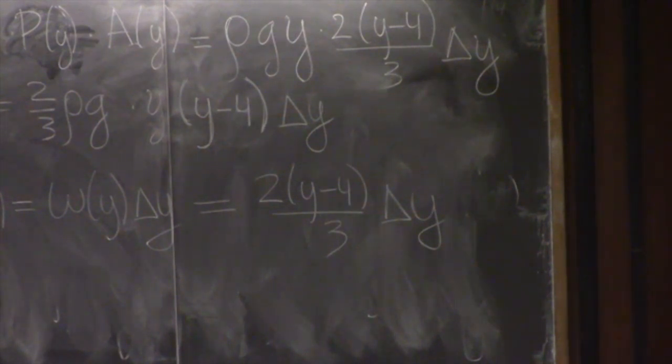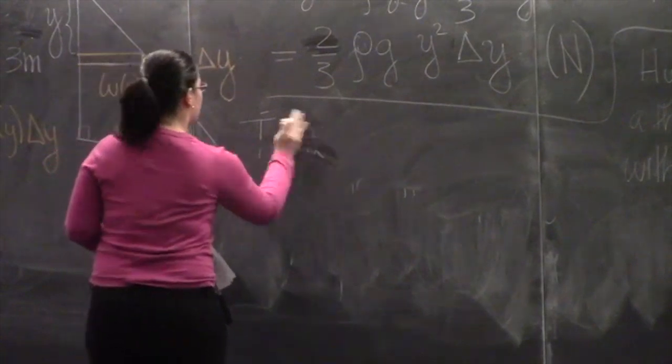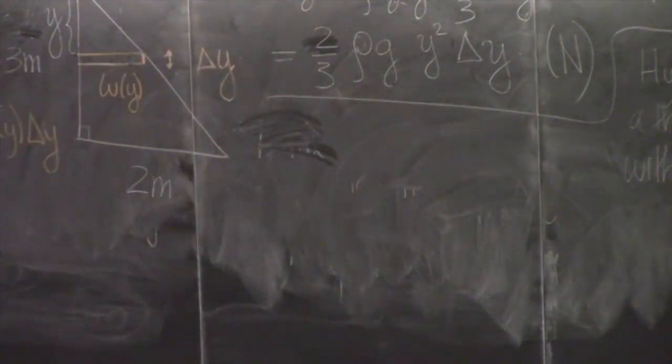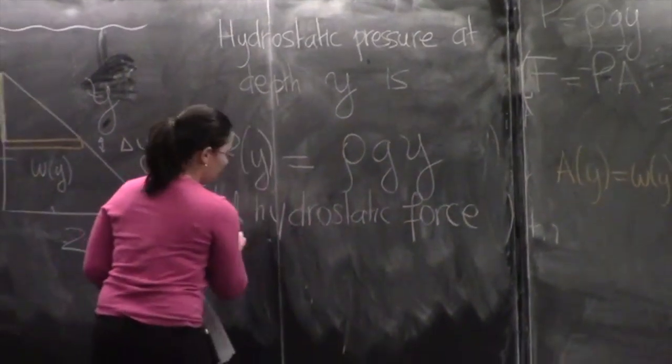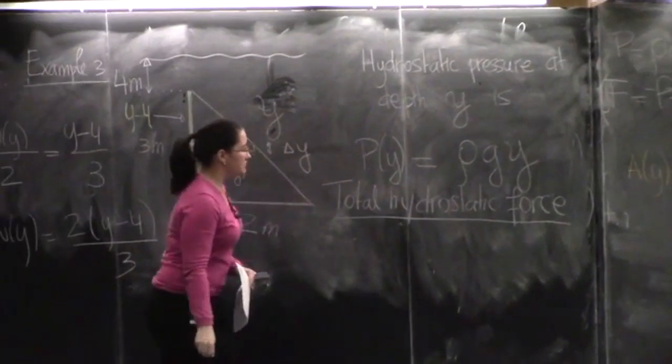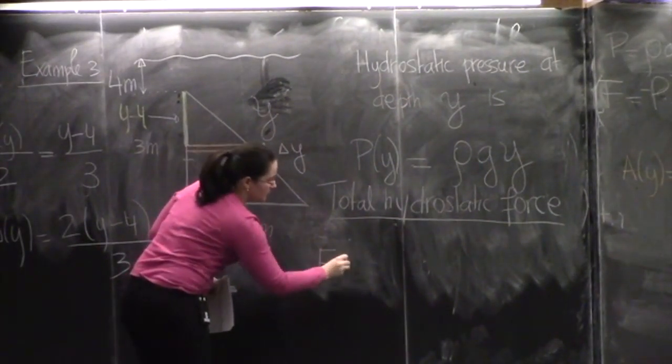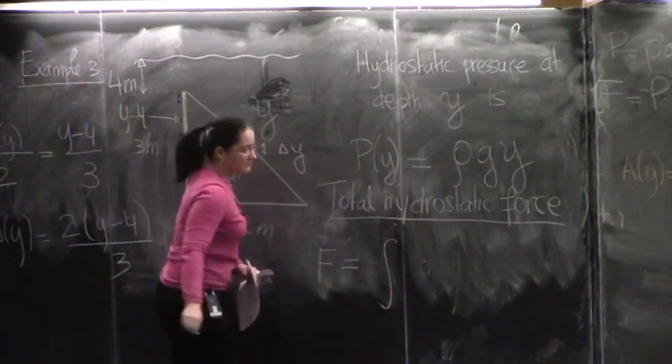Okay, so this is the hydrostatic force acting on the strip, and now to compute the total hydrostatic force, we need to perform the usual trick and take an integral. Let me write it over here so you know what example it corresponds to. So the total hydrostatic force is going to be an integral.